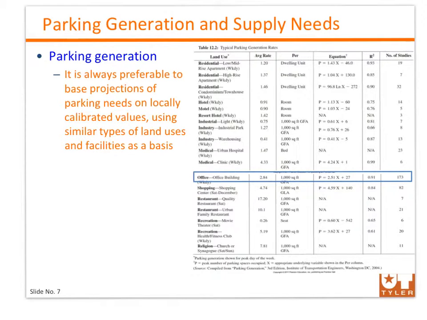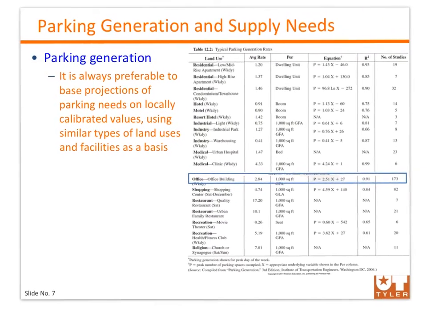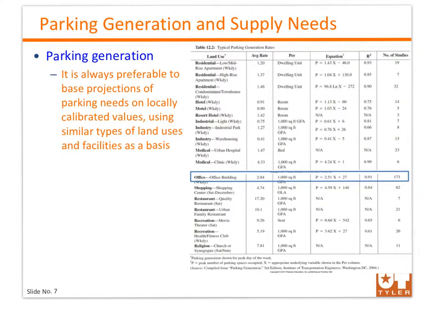For the office, it tells you that you need 2.84 parking spots for every 1000 square feet GFA, which stands for gross floor area. That's one way of doing it, which is simply 2.84 times how many thousand square feet of GFA. Or you also can use this equation here.